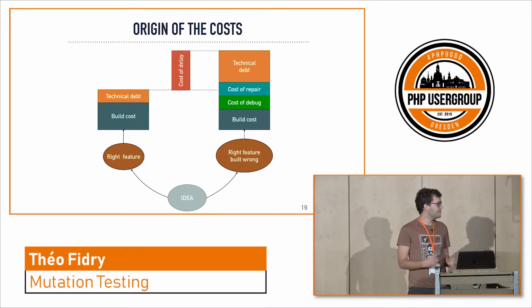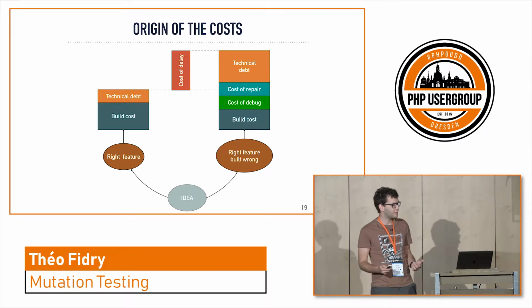Whereas if you build the same feature but caring about quality, then the build cost is bigger because you took more time to find bugs and to write tests. But ideally, you don't have any bugs afterwards, so there's no cost of debugging or repair.